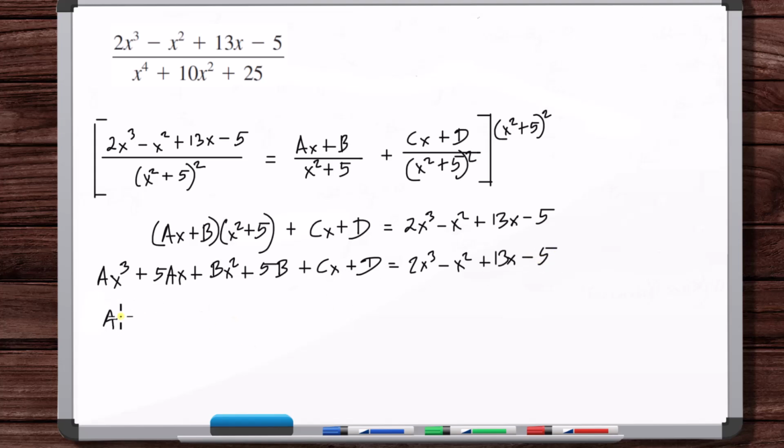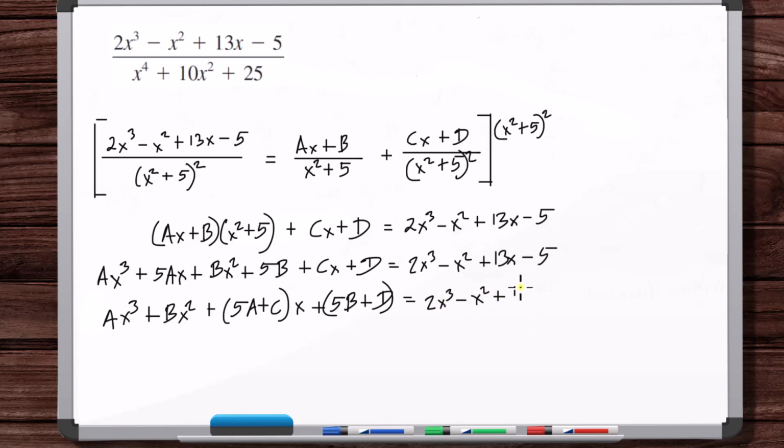Okay, so we've got ax cubed plus bx squared plus 5a plus cx plus 5b plus d equals 2x cubed minus x squared plus 13x.